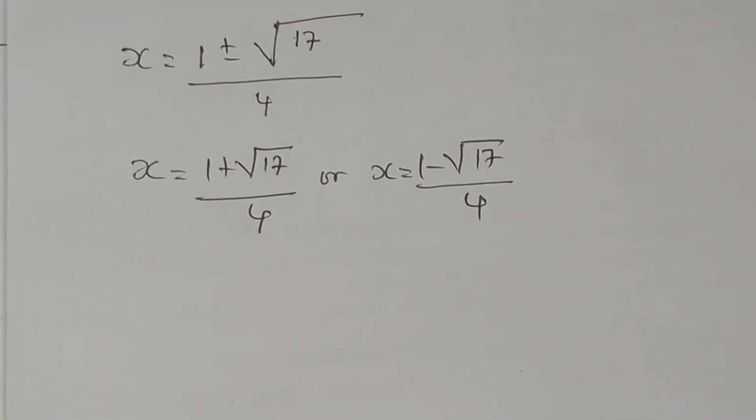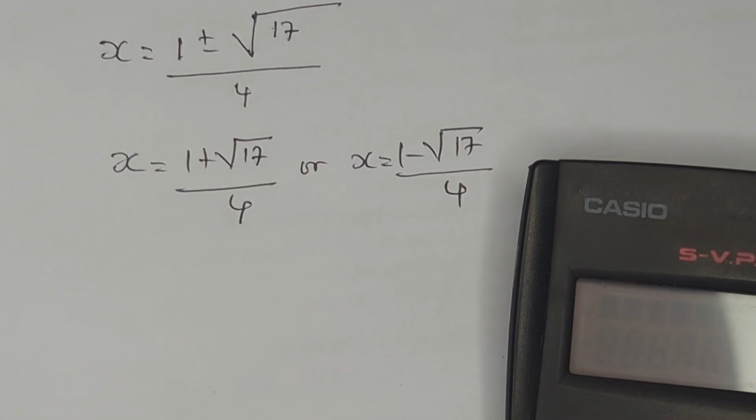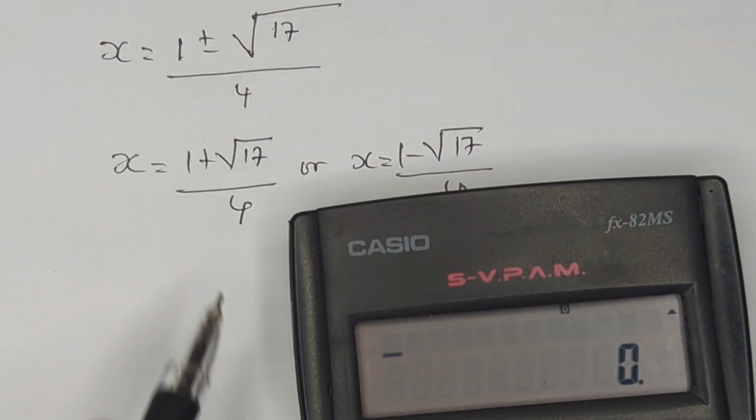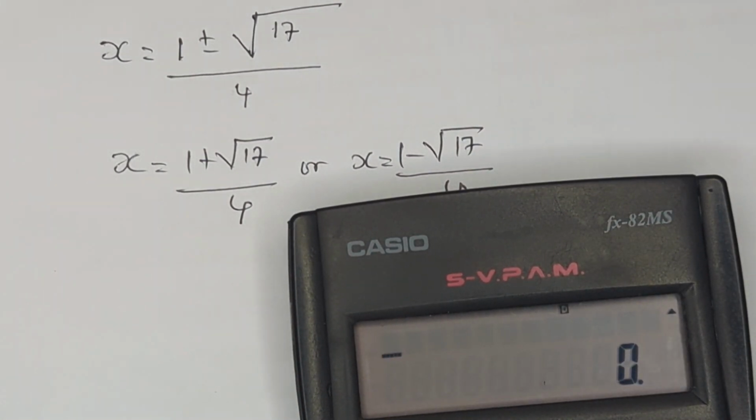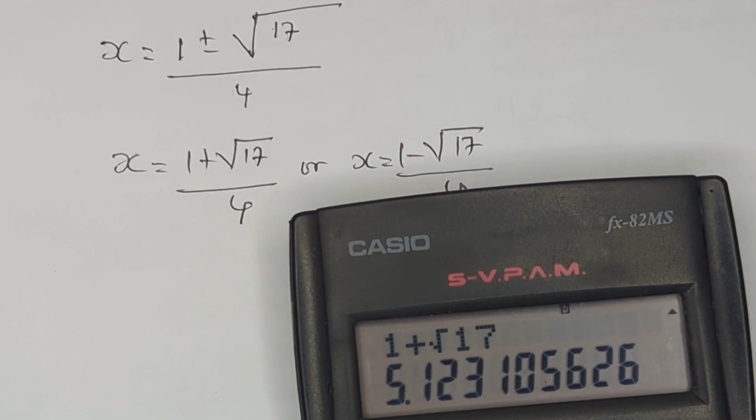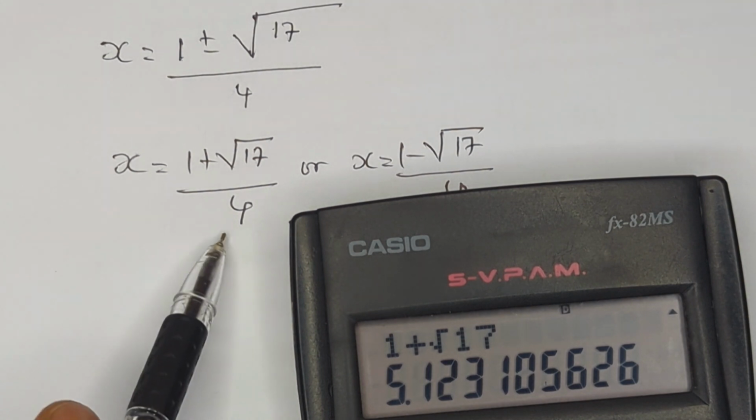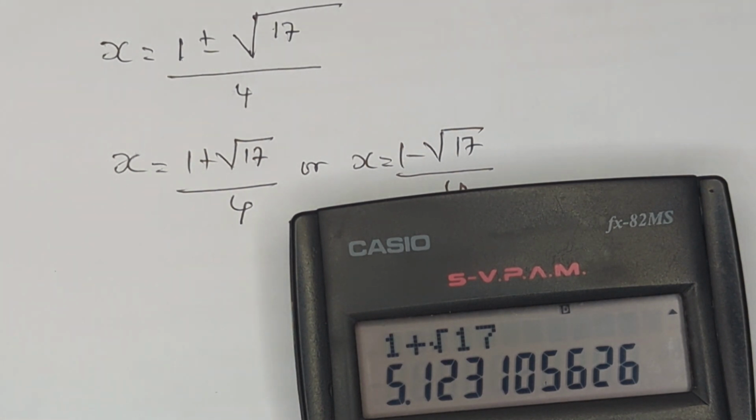So to punch this on a calculator, to start with this one with a positive, here we have 1 plus the square root of 17. It is giving us that. The answer that we obtain, we divide it by this 4 here. So the answer divided by 4.